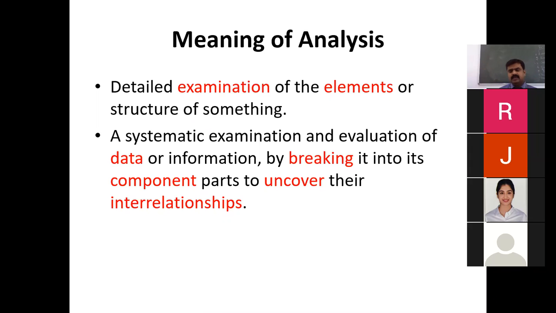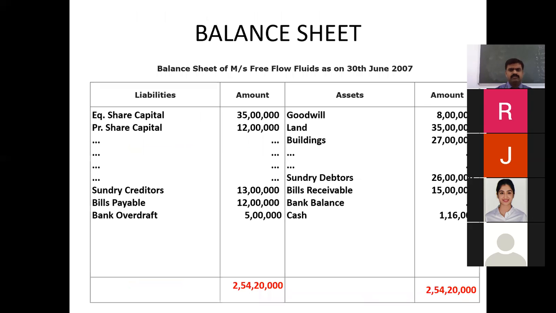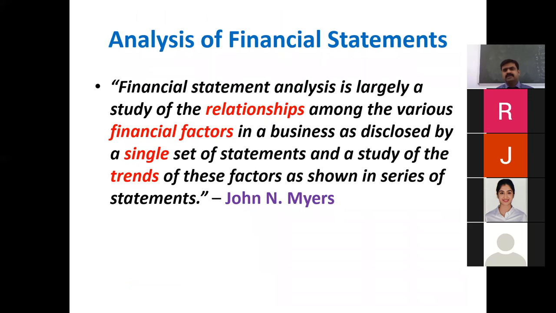So we will break it into parts and then try to uncover the interrelationship between these variables. This already you know, the trading and profit and loss account, balance sheet. Okay, so now we will focus on the specifics for our course.